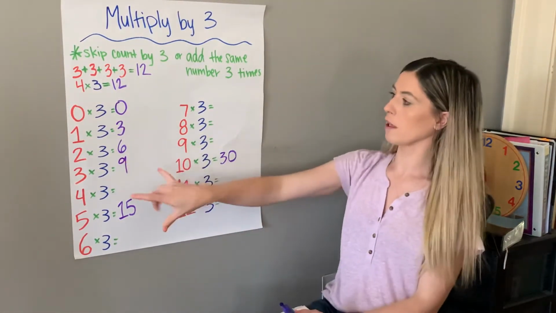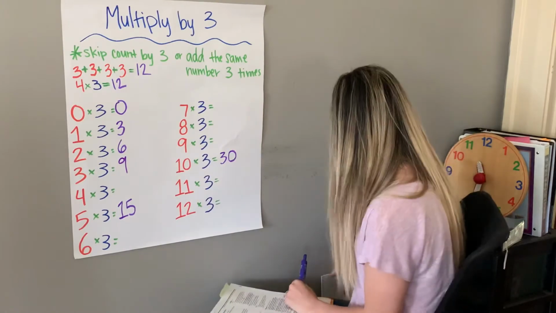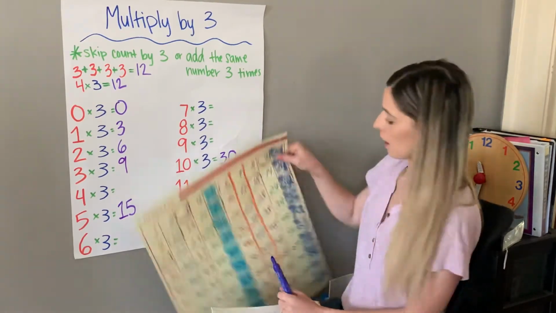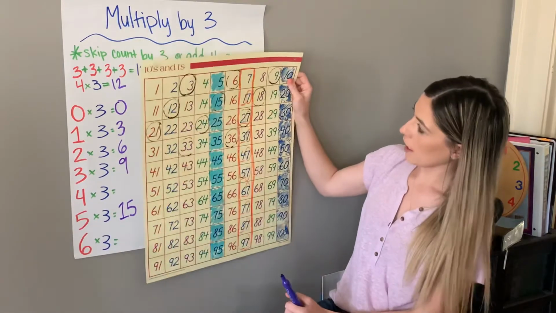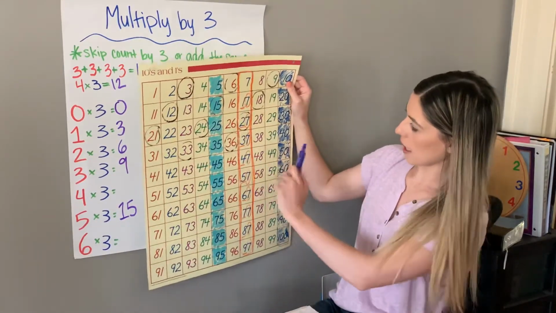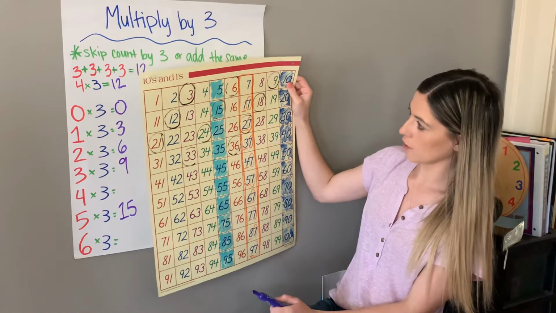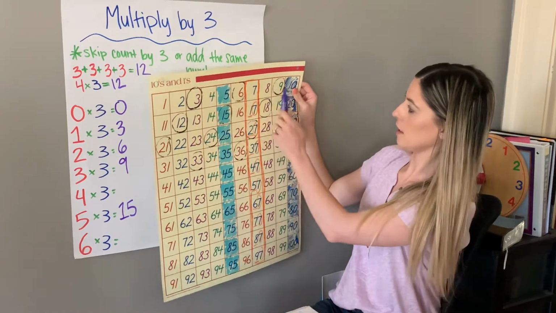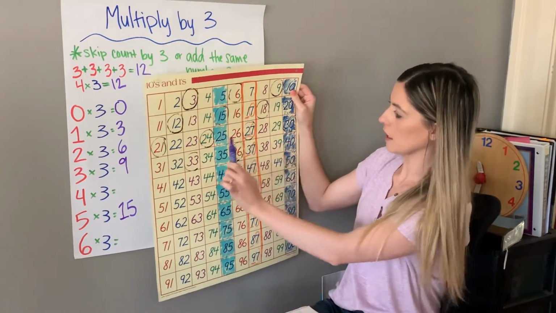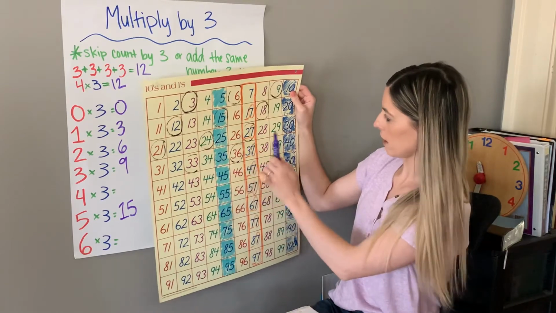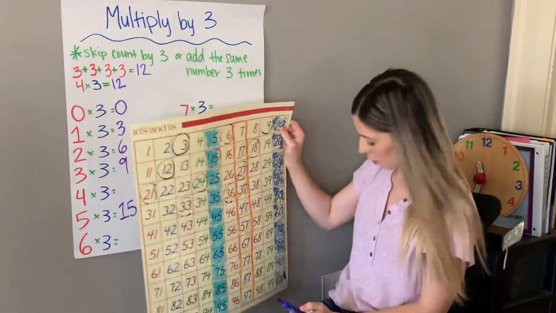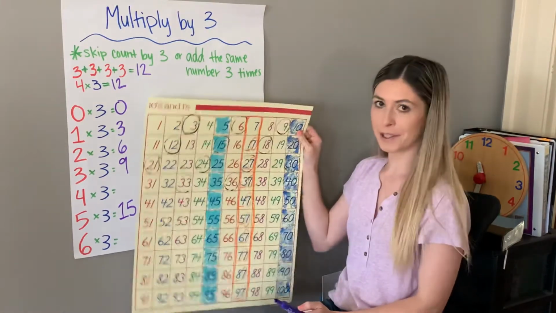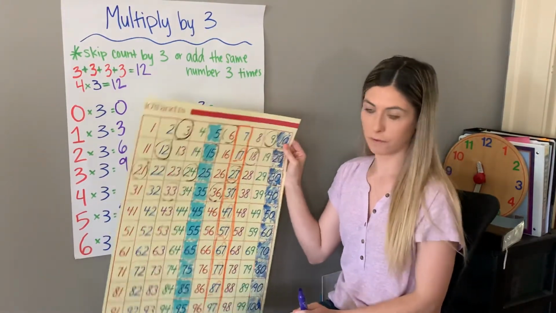If you're struggling with that, you could use a counting chart and count by threes. I circled them in black when we practiced them at school. They're kind of starting to fade. So 3, 6, 9, 12, 15, 18, 21, 24, 27, 30, 33, 36. You thought that I was just making you practice for fun, but really I was trying to teach you multiplication before.